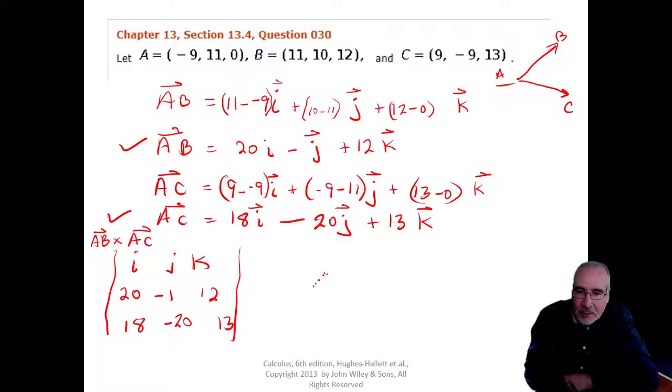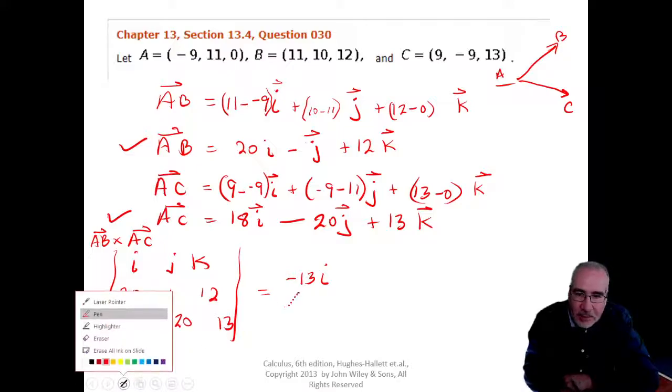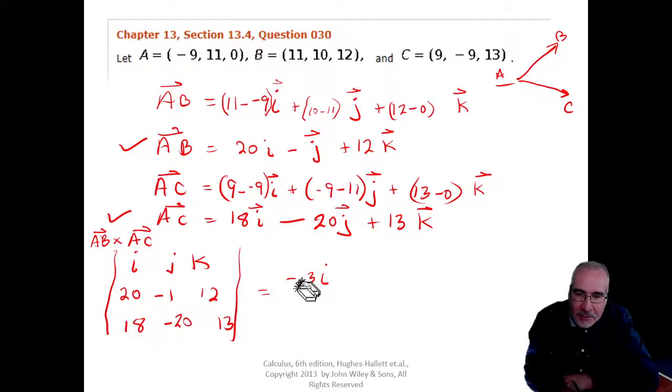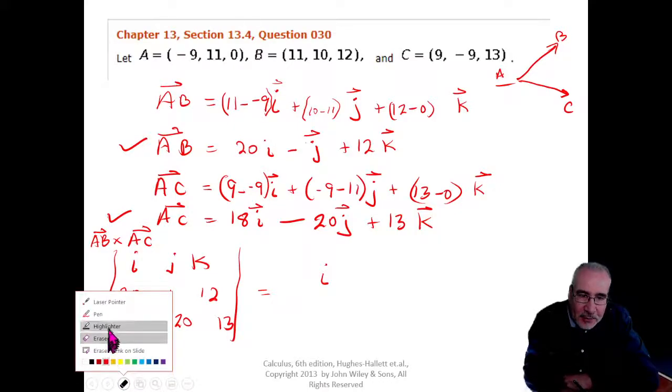Okay, so our I component is going to be negative 1 times 13, going to be negative 13. Oops, getting ahead of myself. There's a couple calculations in this. That's what makes this more difficult.